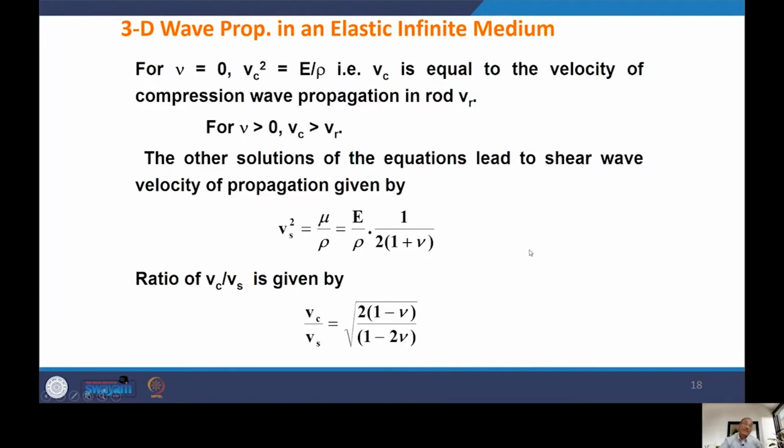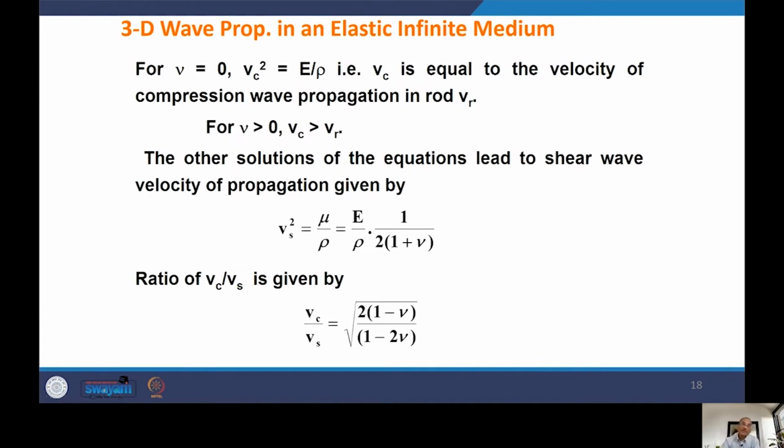Then the other solution of the equations, which leads to the shear wave velocity of propagation, is given by Vs square equal to mu by rho, where mu is again the shear modulus, which can be represented as E divided by twice 1 plus mu, and rho is mass density. So when the waves are traveling in a 3D medium, you have two types of waves.